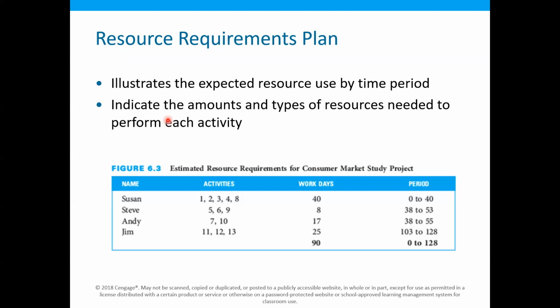Okay, so as an example, the resource requirements plan can be represented like this. If in a project there are certain resources named Susan, Steve, Andy, Jim, this resource requirements plan shows that the resource named Susan is required for activities 1, 2, 3, 4, and 8.